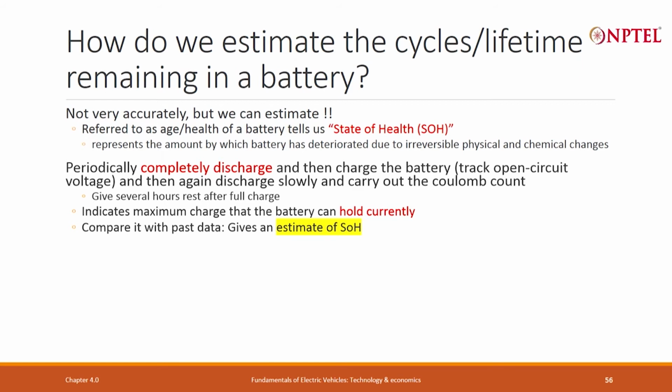Sometimes you completely charge it also, and remember that we had talked about depth of discharge, that a battery is never fully charged, and never fully discharged. So, what are you talking about? There is a mechanism, and when determining the state of health, you have to override that and actually almost fully discharge.